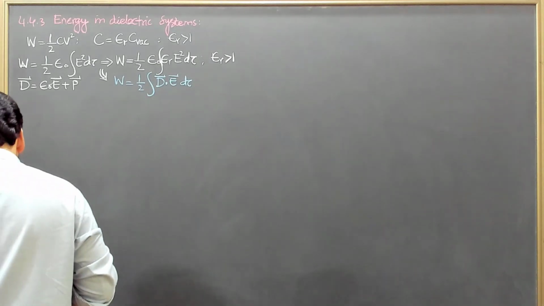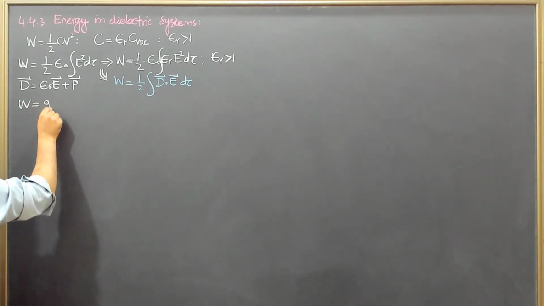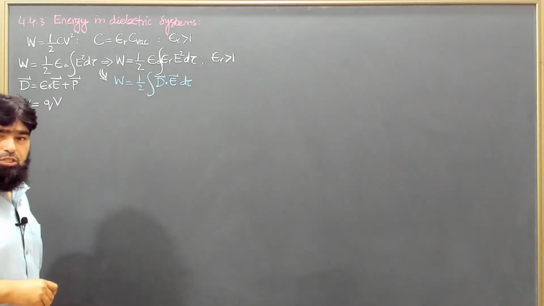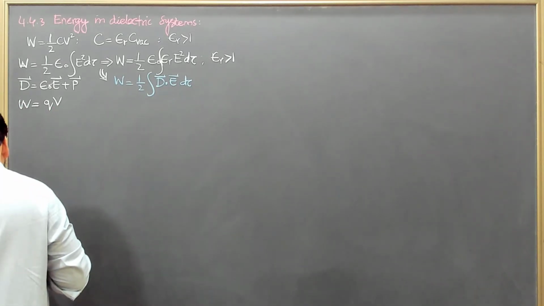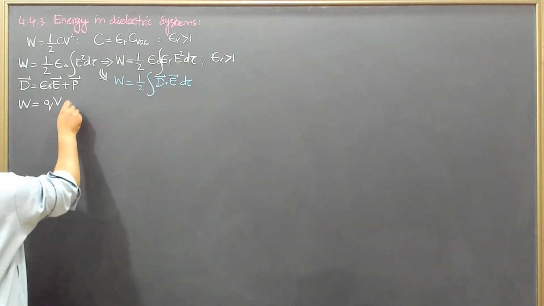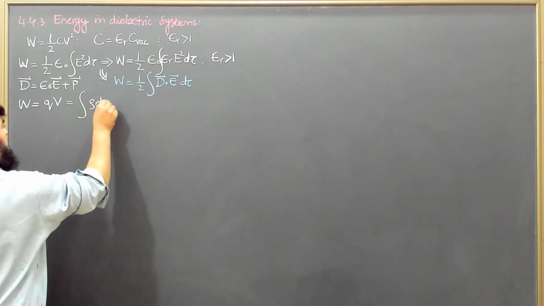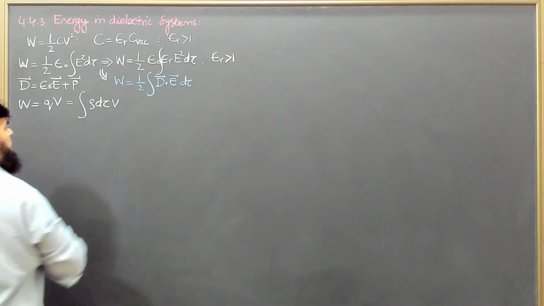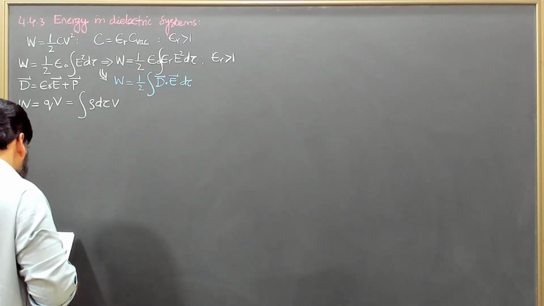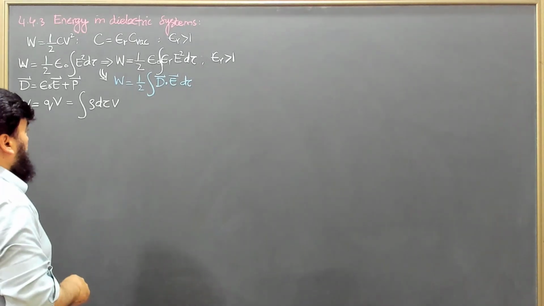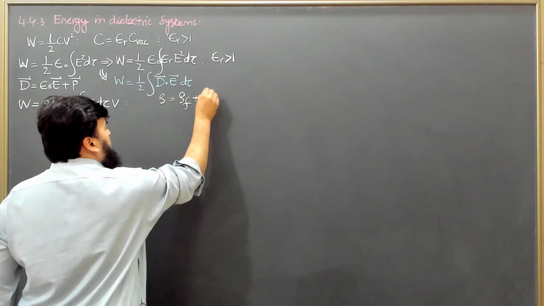We know that work is basically the charge times the voltage V. In integral form, I can write this as the integral of rho d tau for the charge, times V. Further, I can write that rho is equal to rho free plus rho bound.